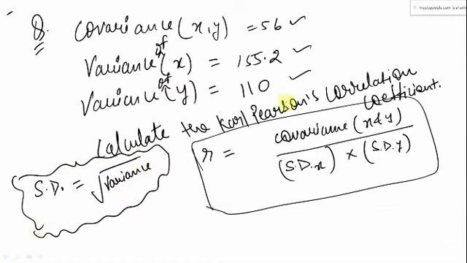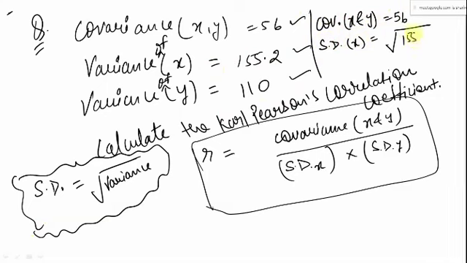So we have been given covariance of x and y as 56. Variance of x is this, so the standard deviation of x will be the square root of 155.2 and the standard deviation of y will be the square root of 110. Find the value of this, put all three values into this formula and you will get the value of r.